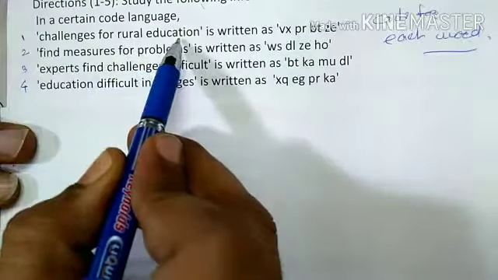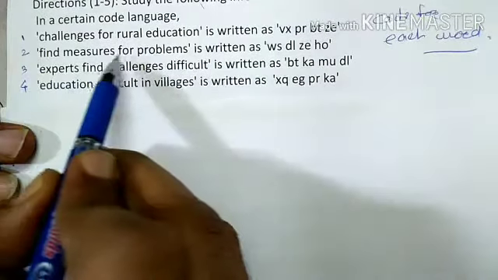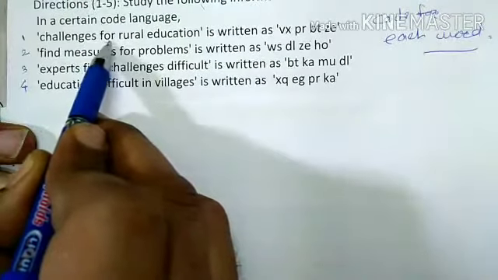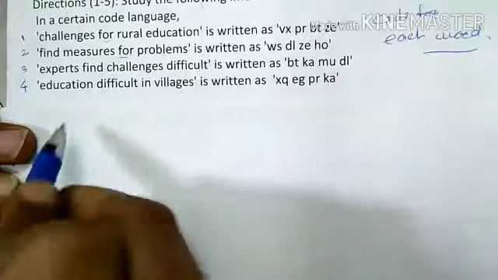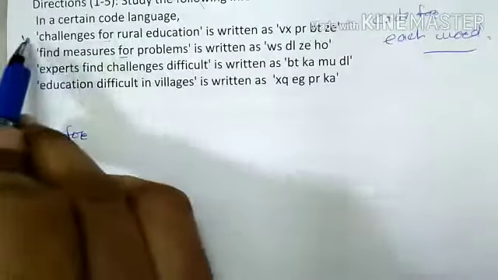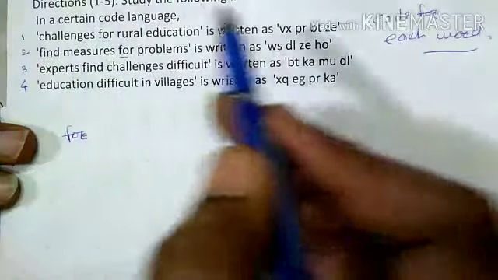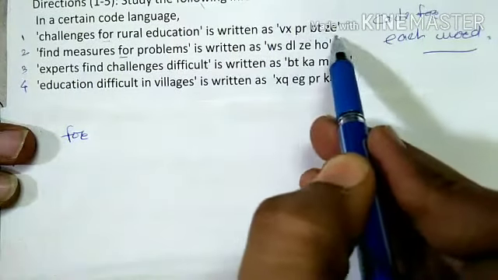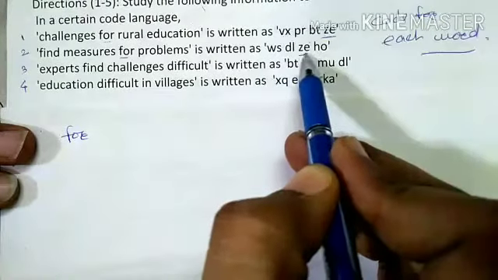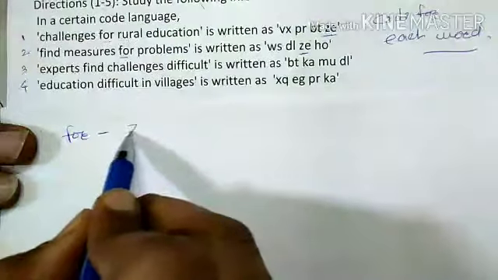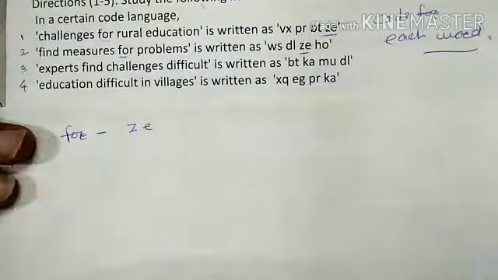Challenges for rural education. Here it is, find measures for problems. In message 1 and 2 there is one common word, that is "for". As "for" is common in 1 and 2, and in code Z is common, so the code for "for" is ZD. It is very simple.